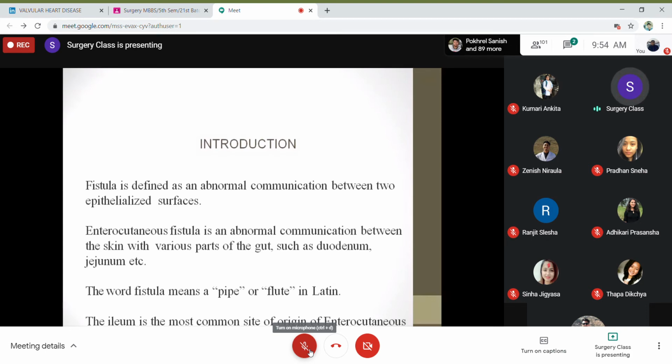Here it is an abnormal communication between the skin and various parts of the intestines, for example duodenum, jejunum. The word fistula in Latin means pipe or flute, so it's a pipe-like connection. The ileum is the most common site of origin of enterocutaneous fistula.